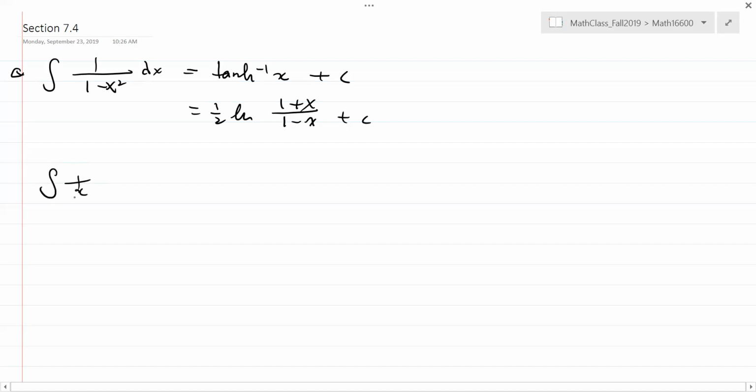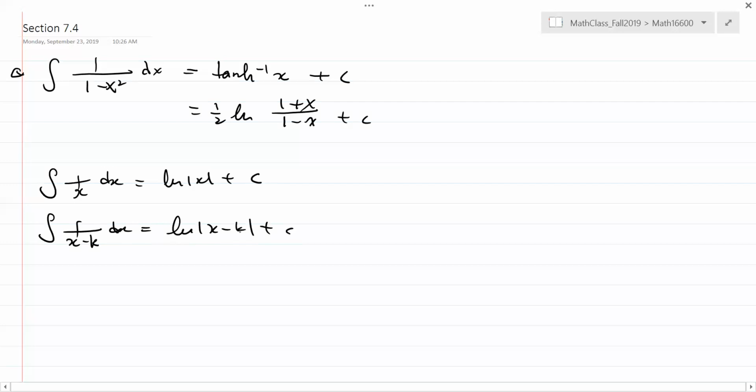The integral of 1 over x dx is going to be natural log of absolute x plus a constant. More generally, if you have a constant, just replace x by x minus k, or plus k, doesn't matter.